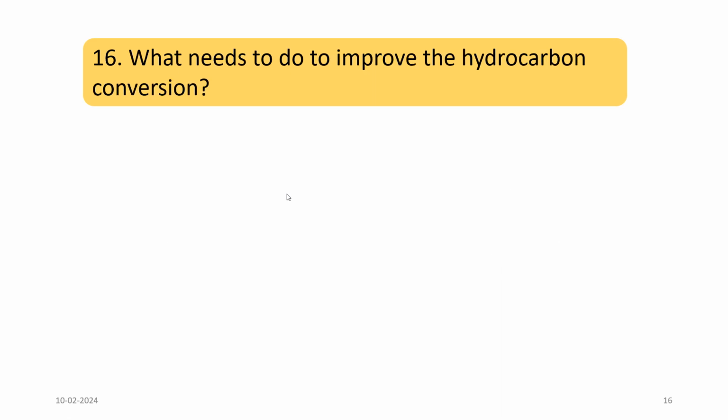Next question is, what needs to be done to improve the hydrocarbon conversion?